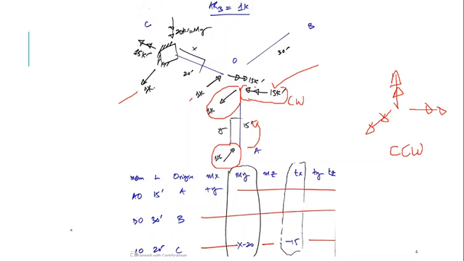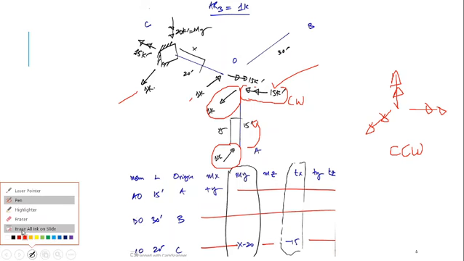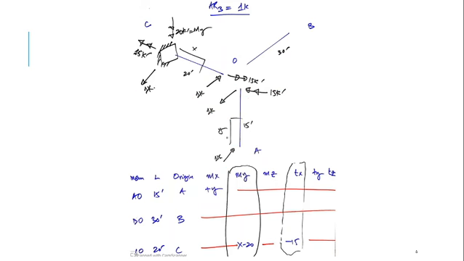Next, I have to construct the moment table. For the section BO, you know there is no loading here, so BO section is all empty. However, this section AO, this is O point. My section is selected as shown.